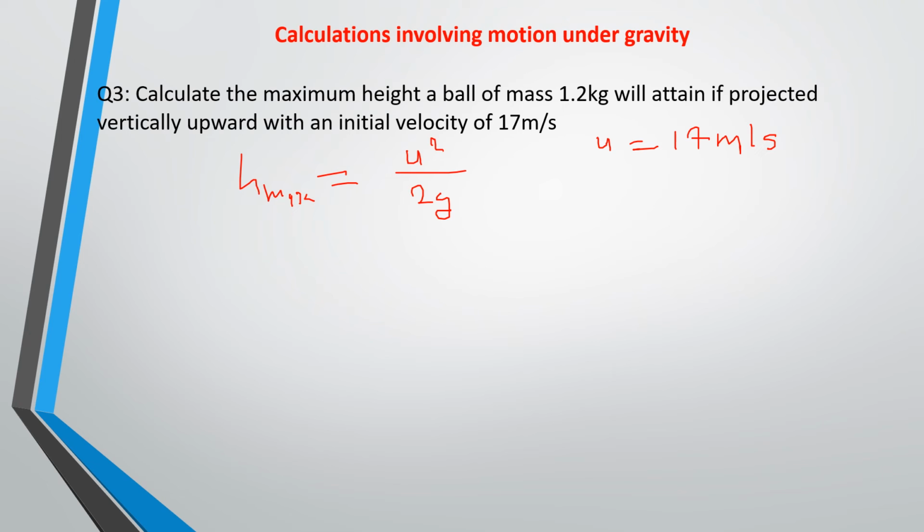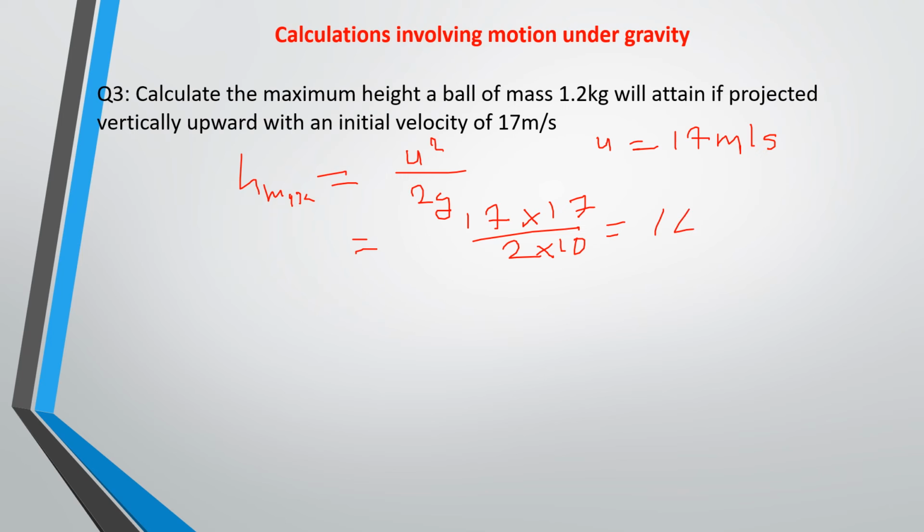So just substituting into the equation, you are going to have that u squared is equal to 17 squared. That's 17 times 17 all over 2 times 10. Okay, so if you work that out very simply, your answer will just come out readily.